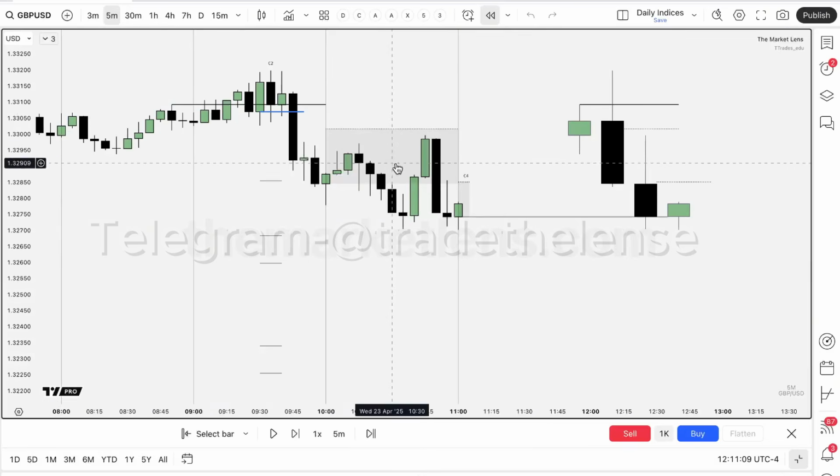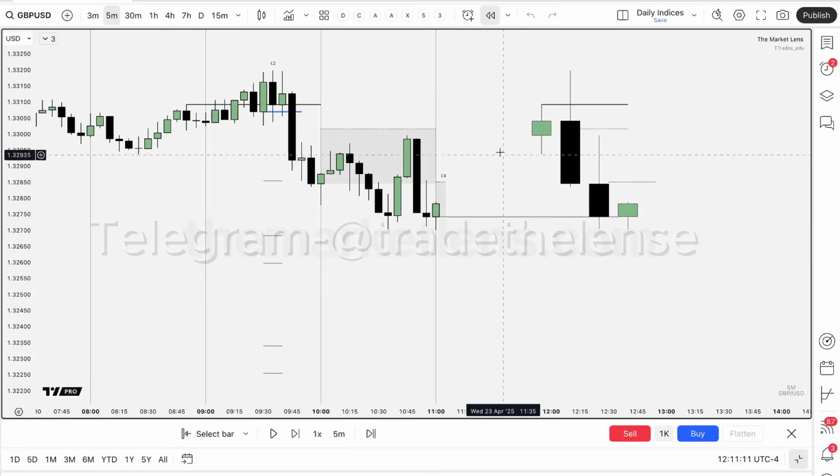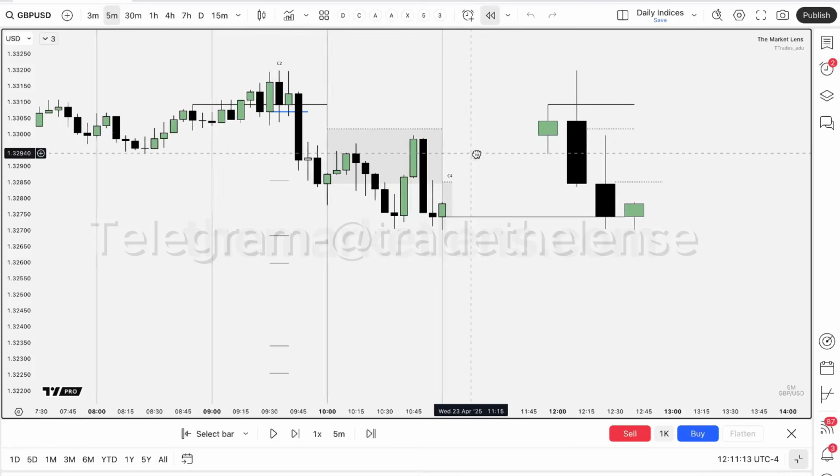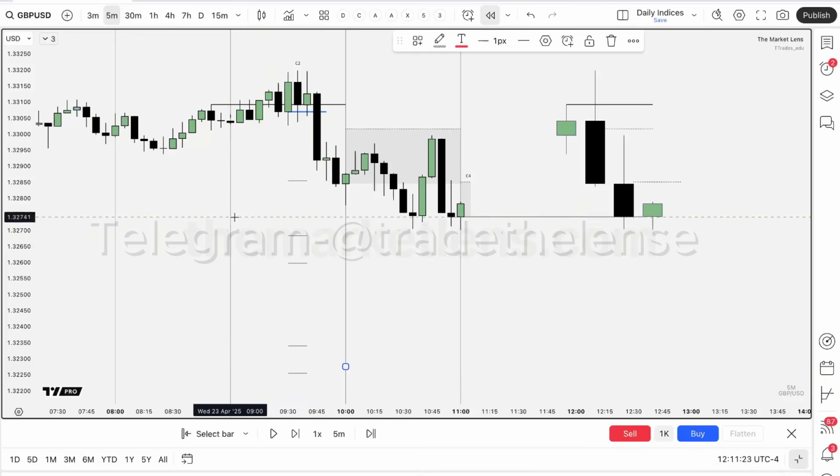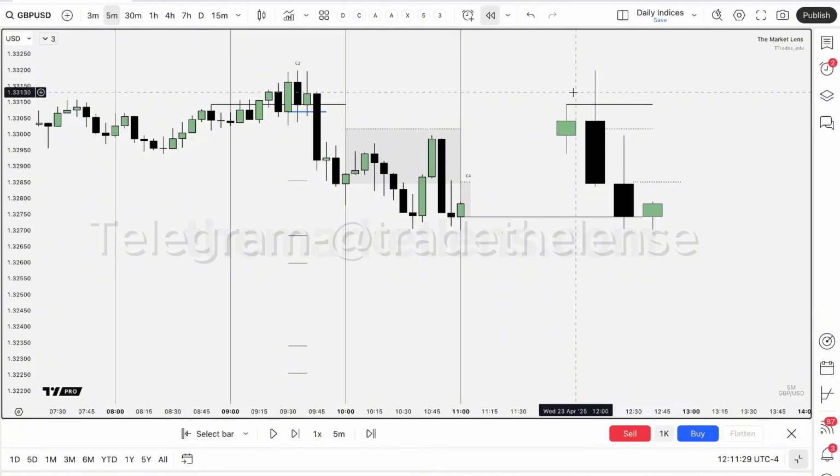It loads, you can see it's marking it out. How does that help me? It doesn't. If I'm trying to learn the model, that's not going to help me. It's just doing it for me, right? So all I would say is, hey, you don't need it. Just find the higher time frame candles, find the closure, and then if anything, get a free little version of this. But all you can do is clean up your chart.